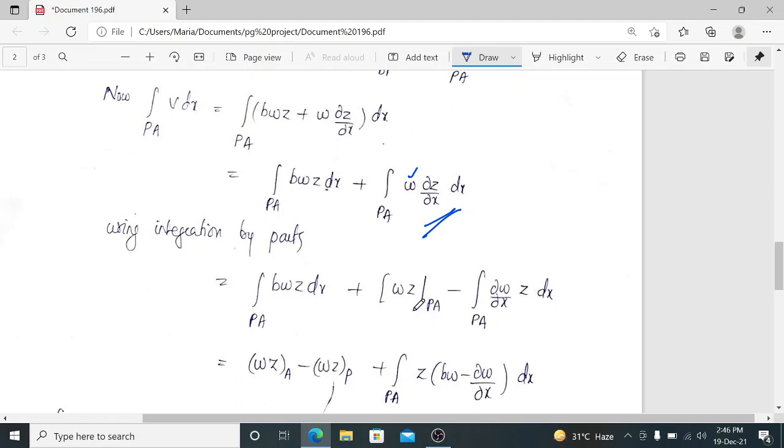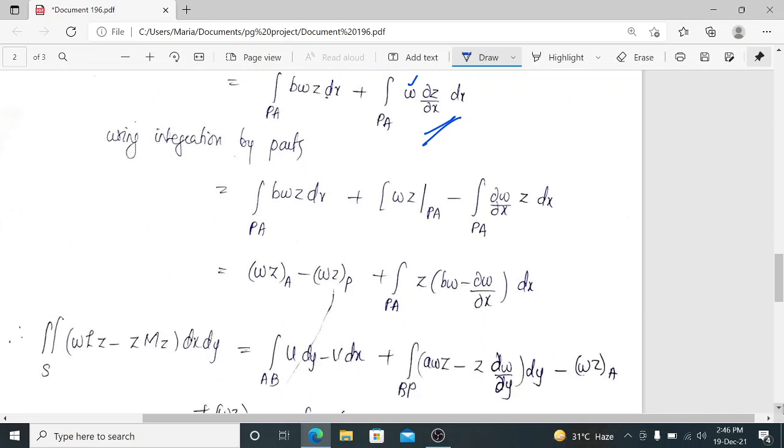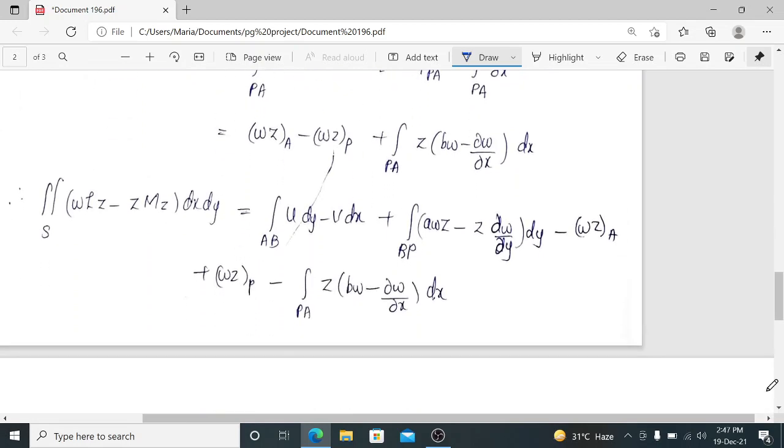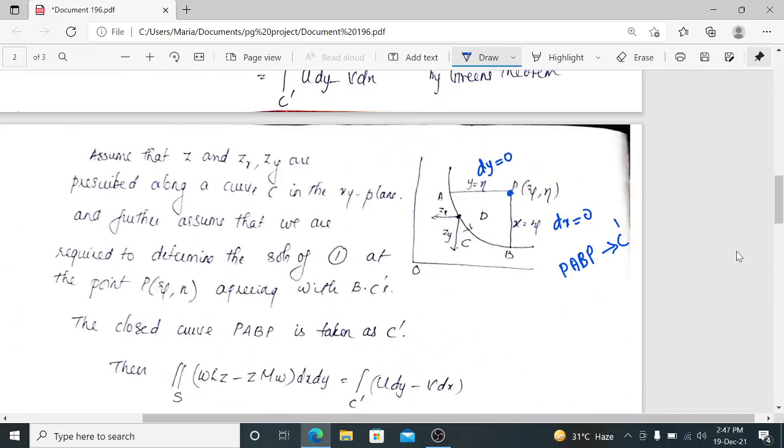Now when we apply the limits, the lower limit will be at P and upper limit will be at A. So we will get wz at A minus wz at P, and combining these, z is common in the first and the last integral. So we will get the integral along PA z dw minus ∂w/∂x dx. And now let me substitute this integral into this equation.